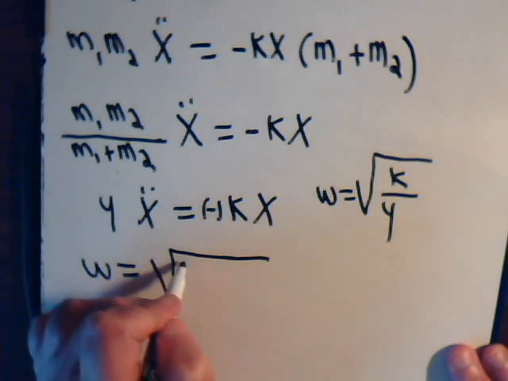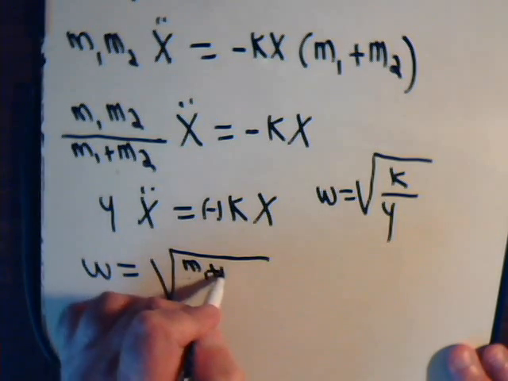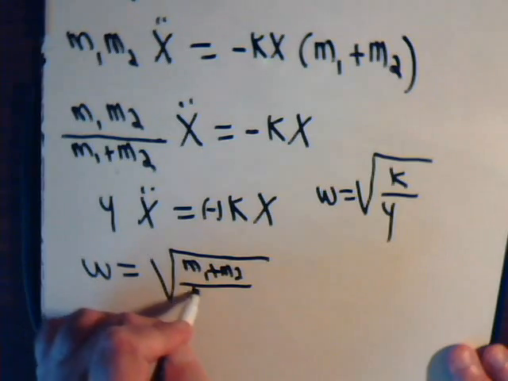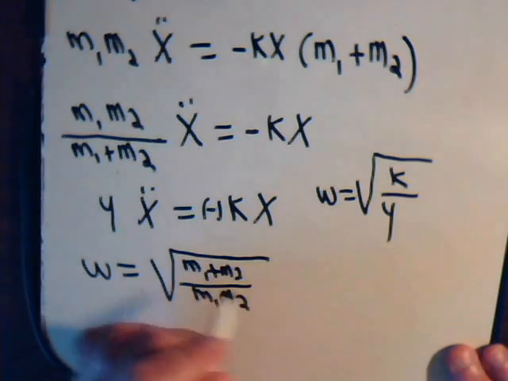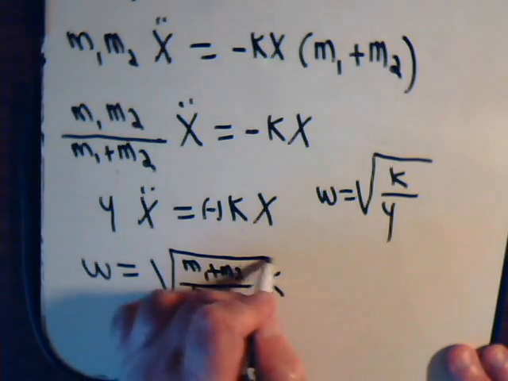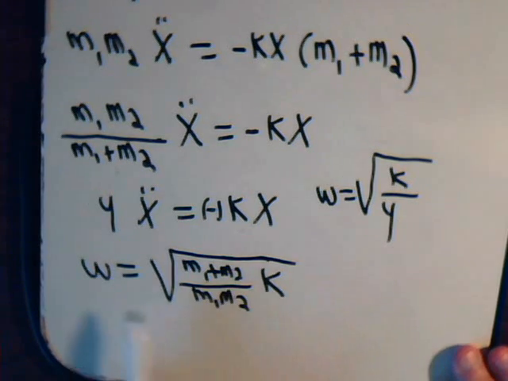So we'll have m1 plus m2 divided by this product times k. But that then, we say, is the frequency of oscillation for both blocks m1 and m2.